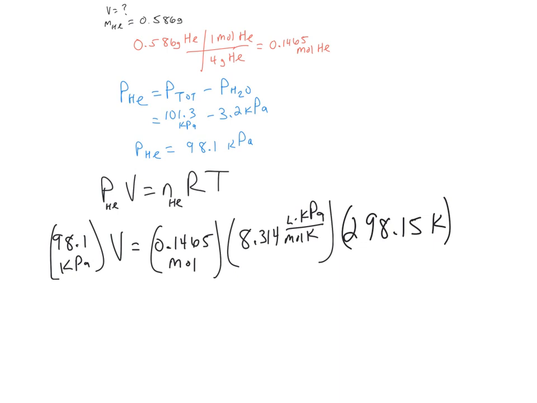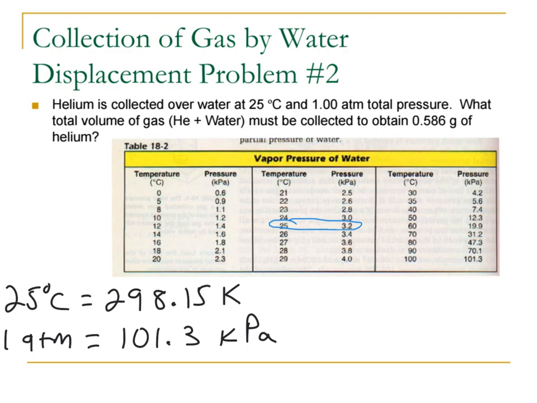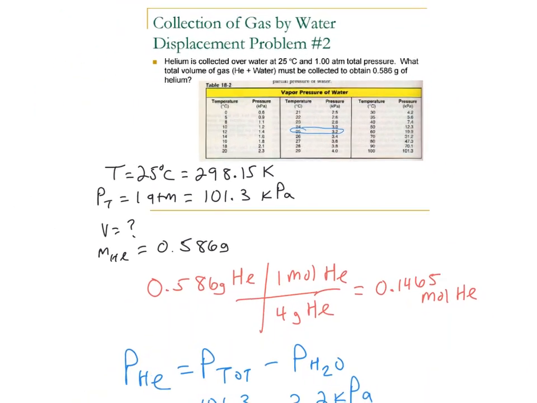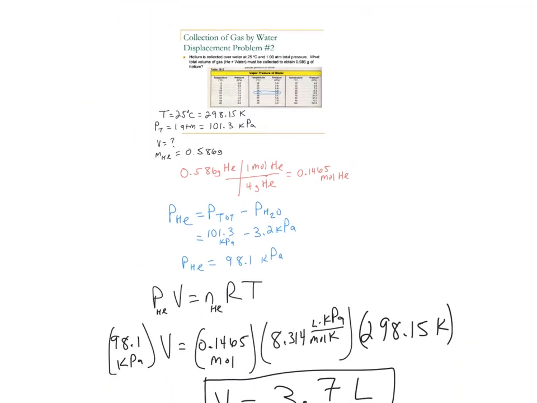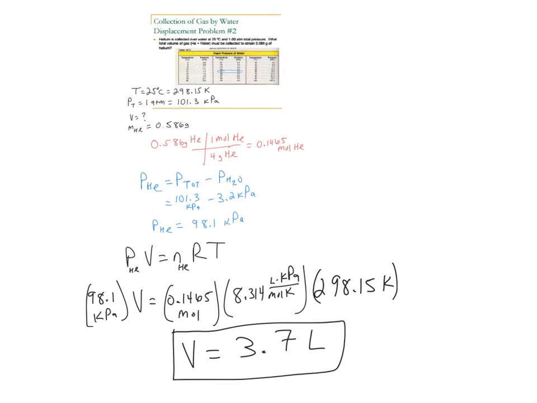All right, so what I'm going to do is multiply those three numbers on the right side of the equation and divide them all by 98.1, and I get a final answer of 3.7 liters. And let me just zoom here so we can see all the work together that went into that question. There we go.